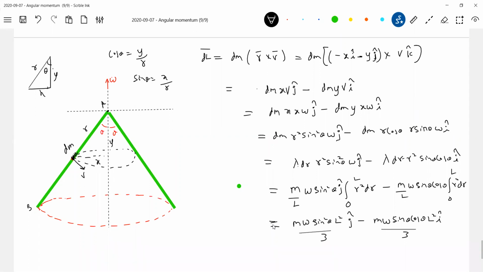I think I forgot the I cap here, I'll adjust it.